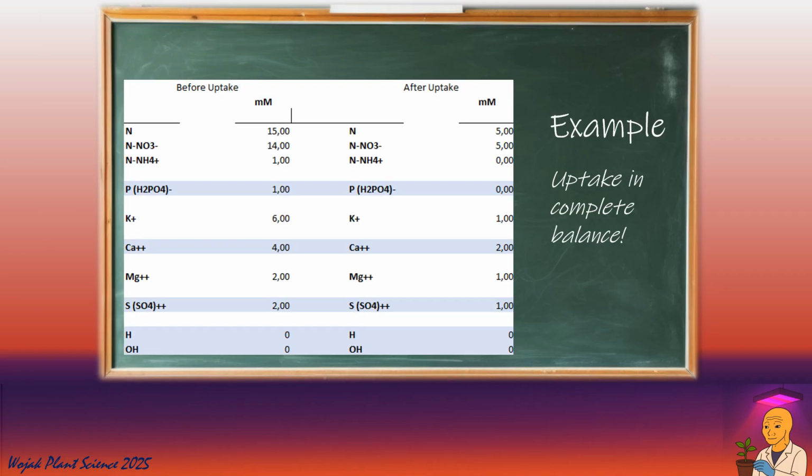Okay, guys, and here it comes. Now we are going to link millimolar and pH. This is our solution from Hoagland that we have seen in the last video. It's not so easy to write with this, but I think you can read it.